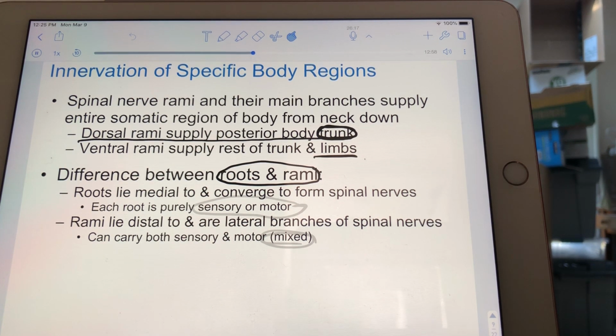Okay, but I think what's probably most important is that roots are strictly sensory or strictly motor, whereas rami are not. They are mixed. Okay, so a dorsal ramus carries both sensory and motor information, whereas a dorsal root carries only, good job, sensory information.